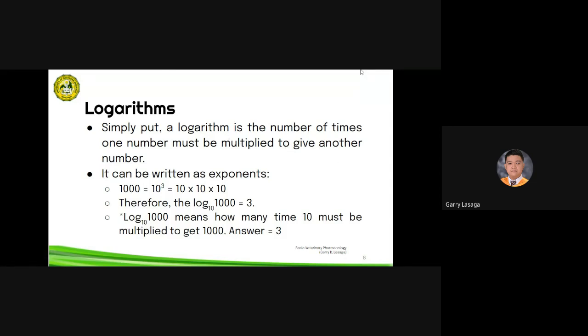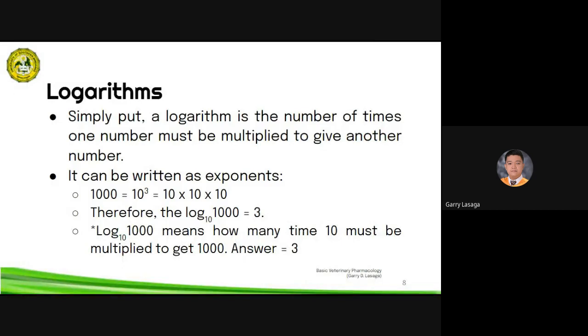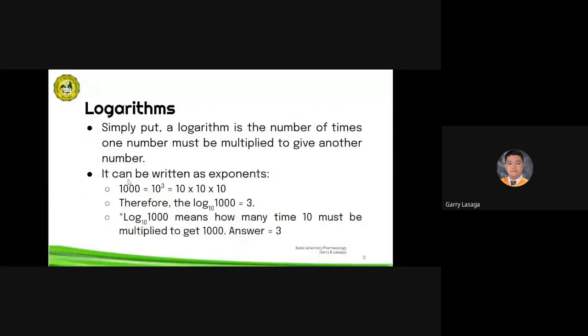So for example, we have here a number 1,000. 1,000 in logarithm can also be expressed as 10 to the third, meaning that we need to multiply our base 10 3 times in order to come up with 1,000.